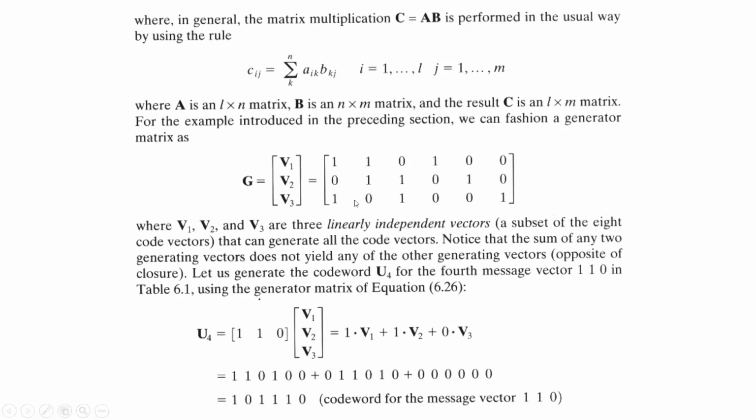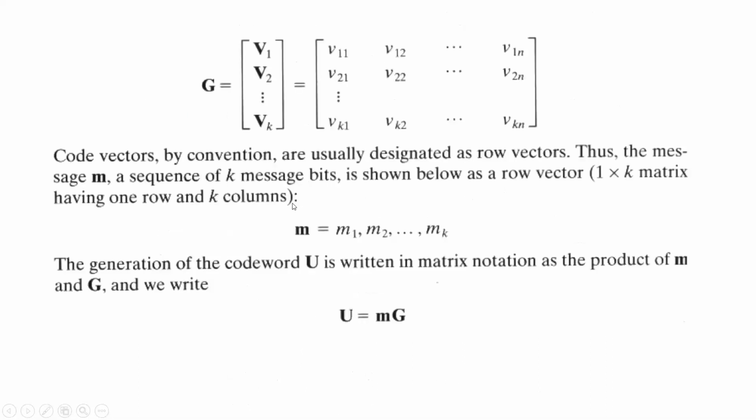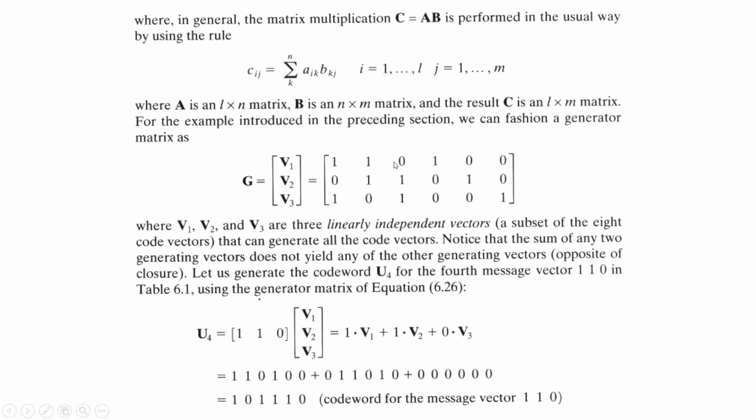There will be k rows only: V1, V2, V3. From this generating matrix, I can clearly see what the specification of the linear block code is. So how many elements are there in this row? 1, 2, 3, 4, 5, and 6. So 6 elements are there in each row.